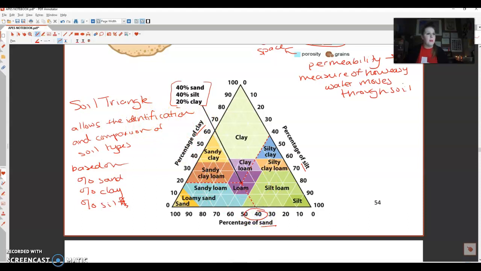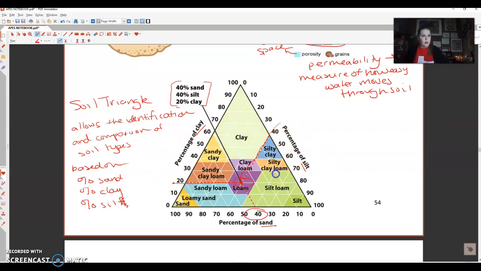Okay, and then it says 40% silt. All right, so 40% silt. So what I'm going to do is I'm going to draw a line to where the 2 40s meet right here. Okay, 20% clay. Here's my 20% clay. I'm going to go right here. So it lands in this purple box, which is loam.